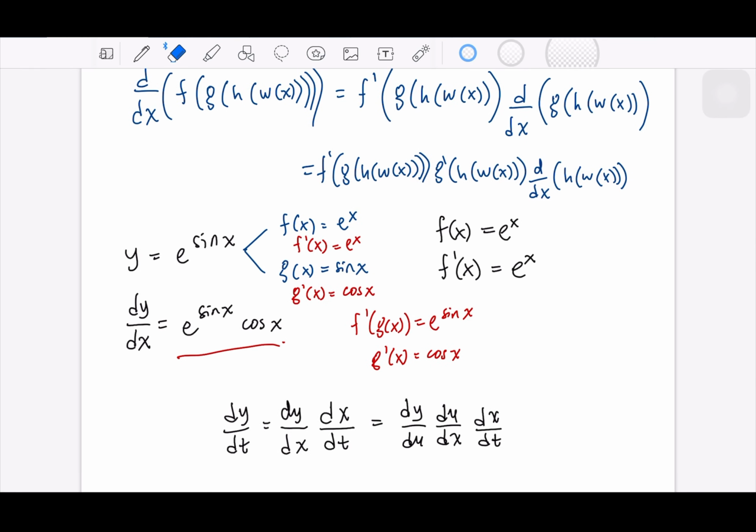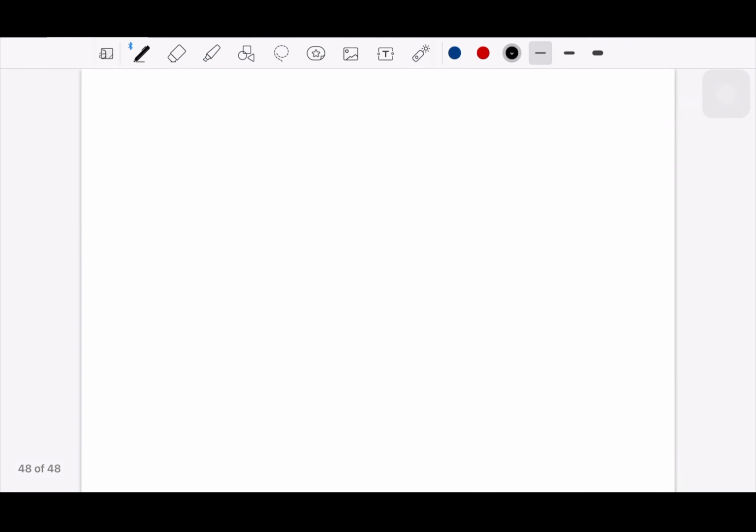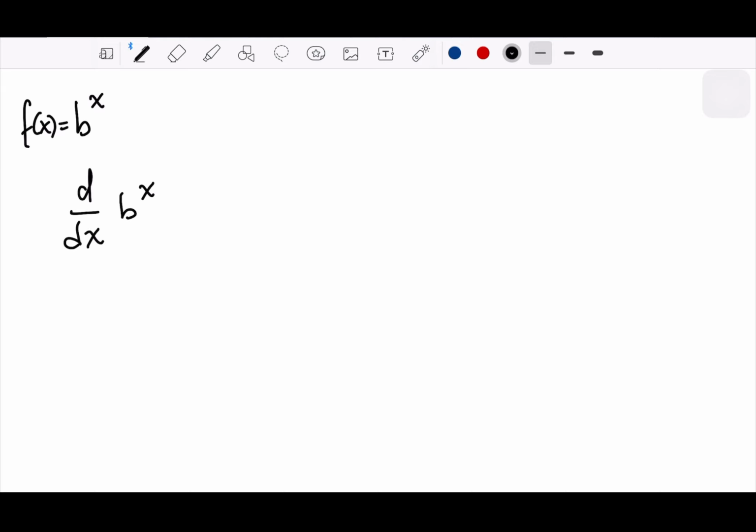Because we have established our definition of exponent, there's a general exponential function, for example b^x. So we have functions of b^x. Based on the definitions we had in previous slides, if we differentiate b to the power of x, it still has the same b to the power of x, but it has another constant, that is ln b.